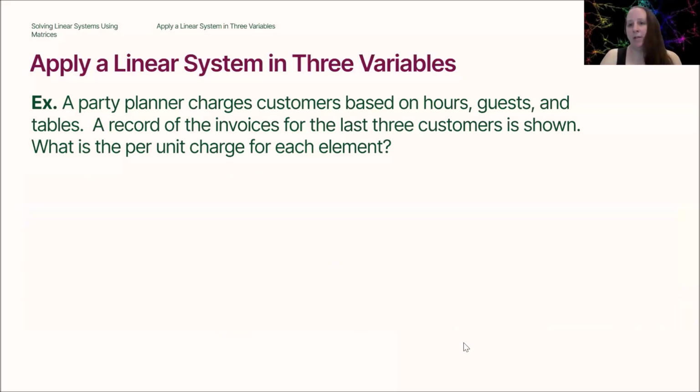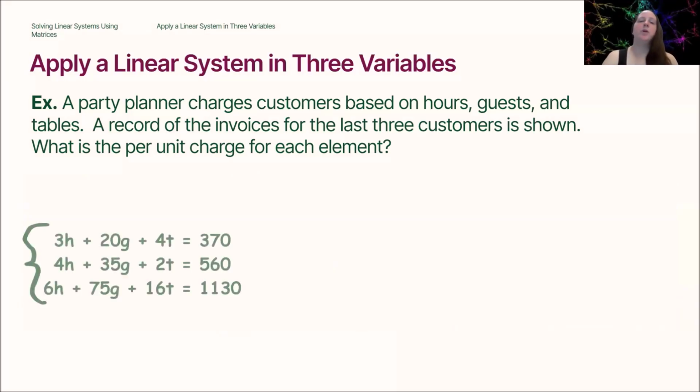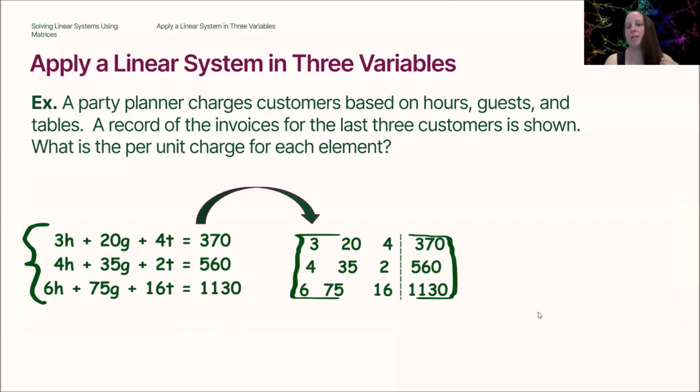Now that we have the information, we want to transform it into a set of linear equations. I have H equals hours, G equals guests, and T equals tables. I can then put that into a matrix, and from that matrix, I can use reduced row echelon form in Desmos or on a graphing calculator to simplify it.